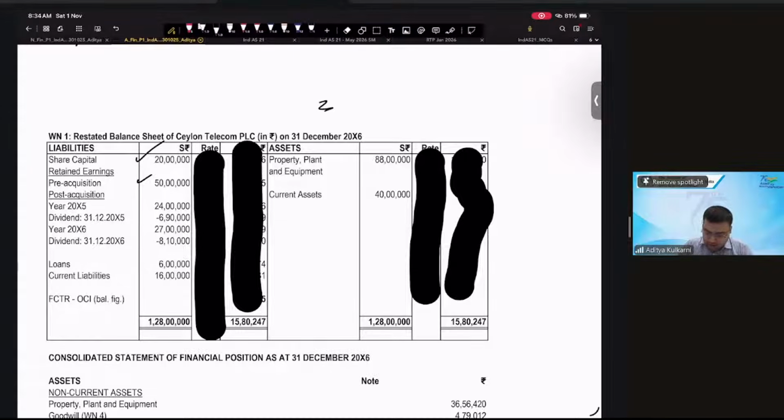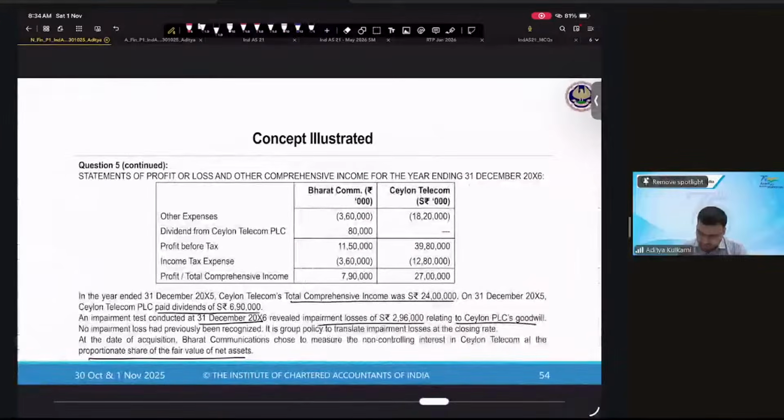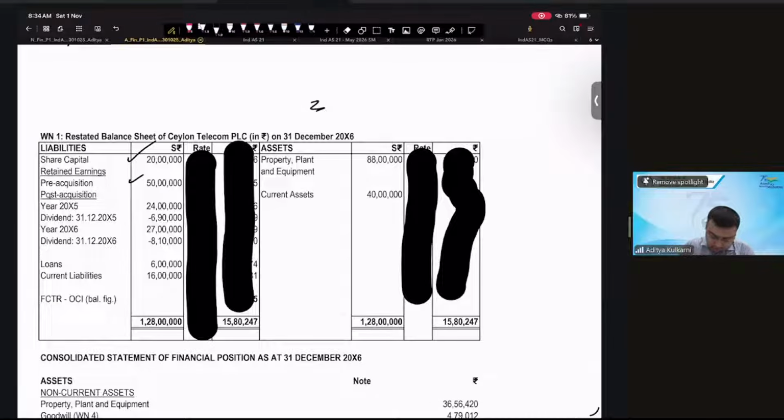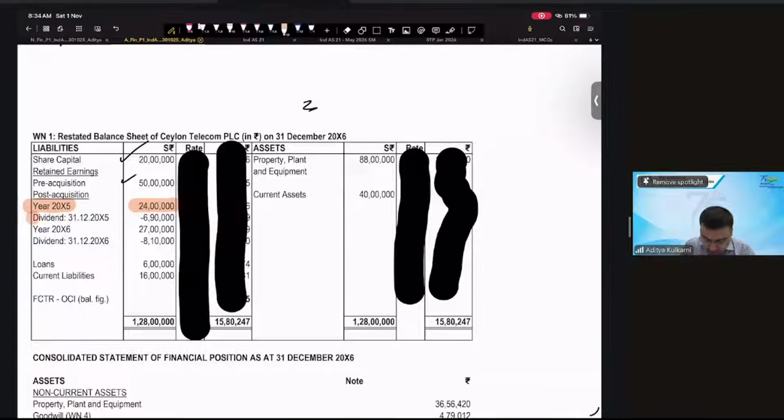Then post-acquisition, in the year ended 20x5, this is previous year. Total comprehensive income was 24 lakhs. Okay, post acquisition, year 20x5, total was 24 lakhs. Next. On 31st December 20x5, Ceylon Telecom paid dividends of 6 lakh 90,000. So from 24 lakhs, 6 lakh 90 is paid.